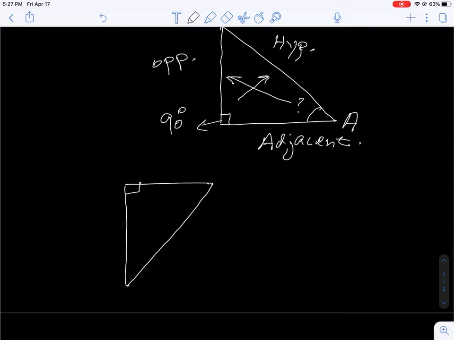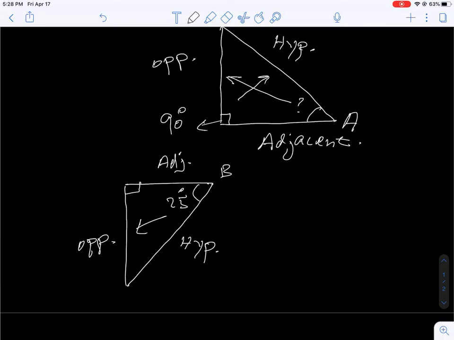If this is, let's say, angle B, and we are working with this angle, and let's say this is 25 degrees, then our opposite side will be this side. So this will be our opposite side length. And this is the hypotenuse, the longer side length, and this is the adjacent.